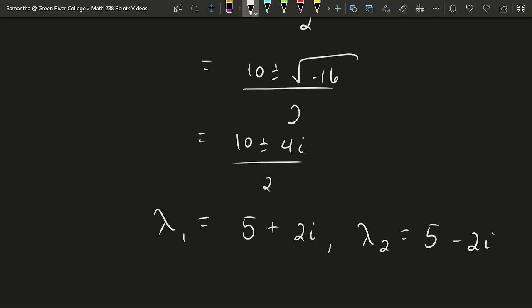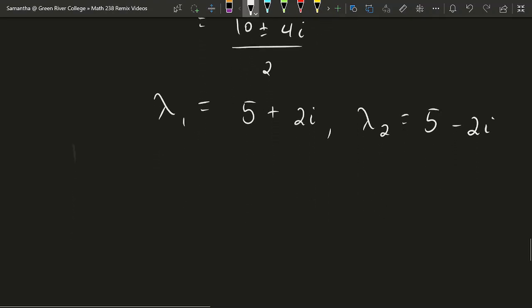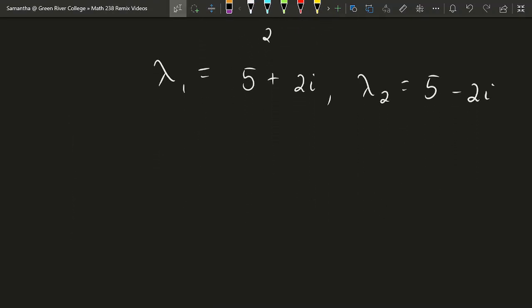You get one eigenvalue, and the other one comes basically for free, exactly the same, except the sign of the imaginary part is different. Next, I need to find the eigenvectors. But note that I really only need to find one of the two eigenvectors. If I calculate one of them, then I'll be able to get the other one for free by changing the sign of the imaginary part.